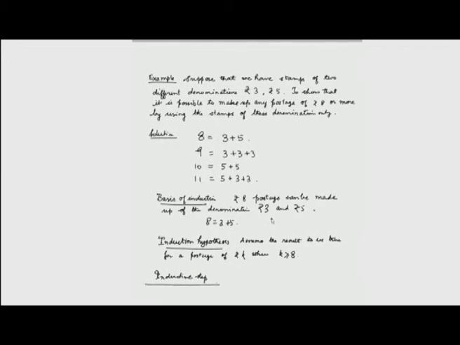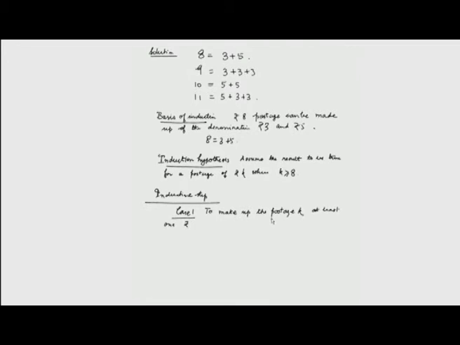In the inductive step, we have two cases. Case 1, to make up the postage k at least 1 rupees 5 stamp is required. What do we do then?